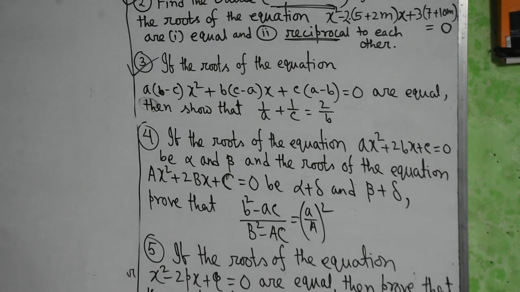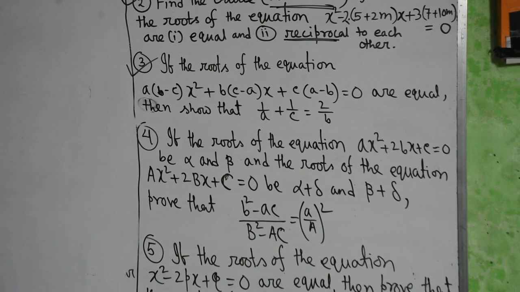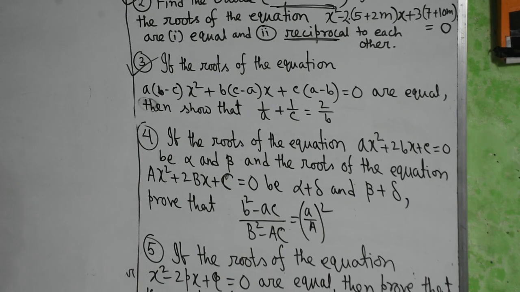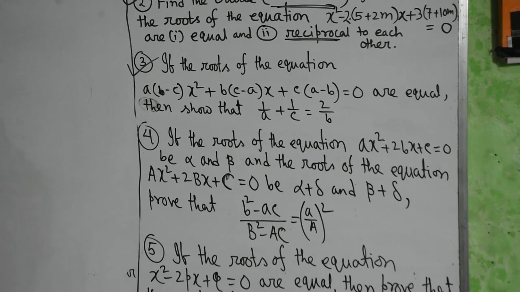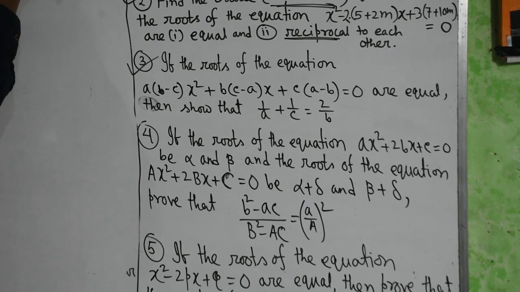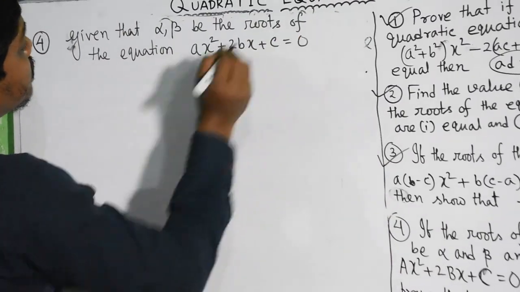Problem number 4. Given that alpha, beta are the roots of the equation ax square plus 2bx plus small c equals to 0.